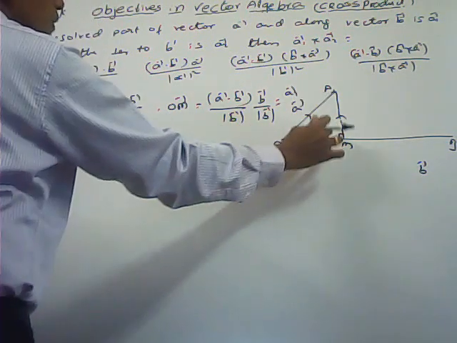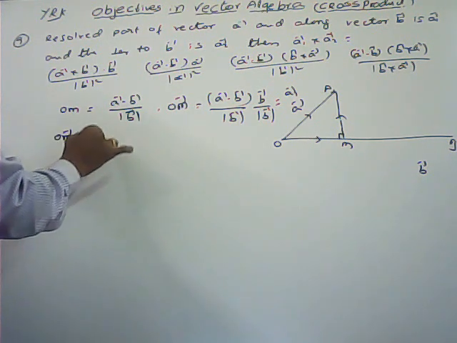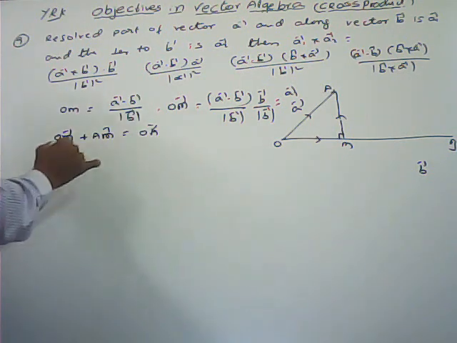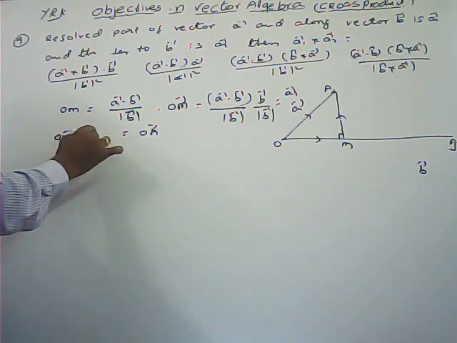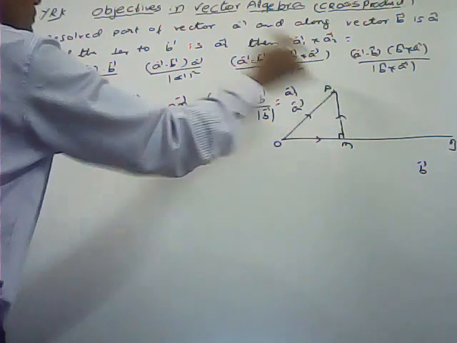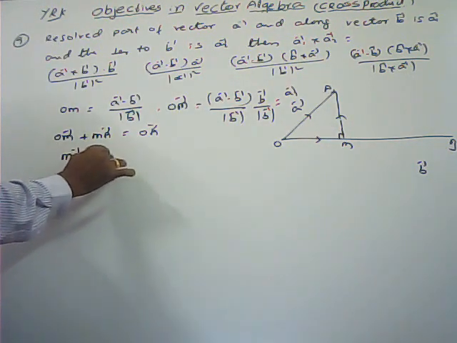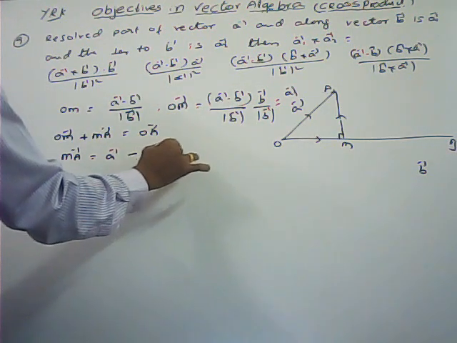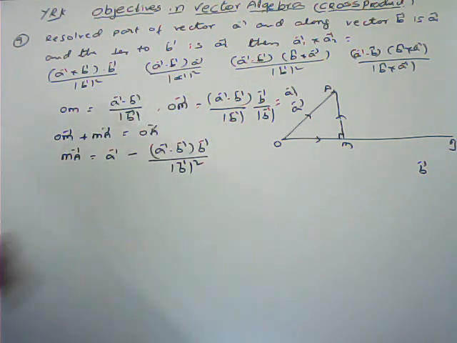OM bar plus MA bar is equal to OA bar, with MA bar perpendicular to this one. MA bar equals OA bar minus OM bar, that is A bar minus A bar dot B bar into B bar by modulus of B bar square.